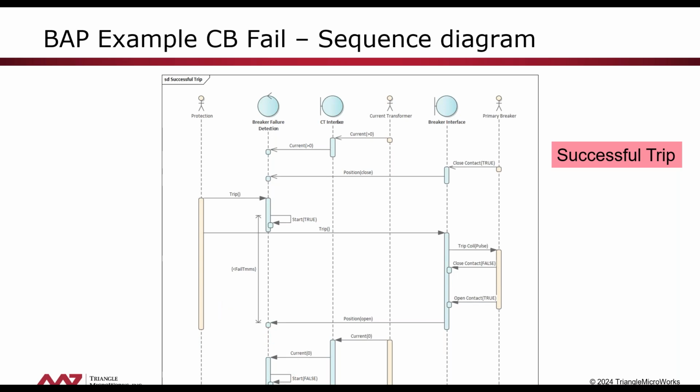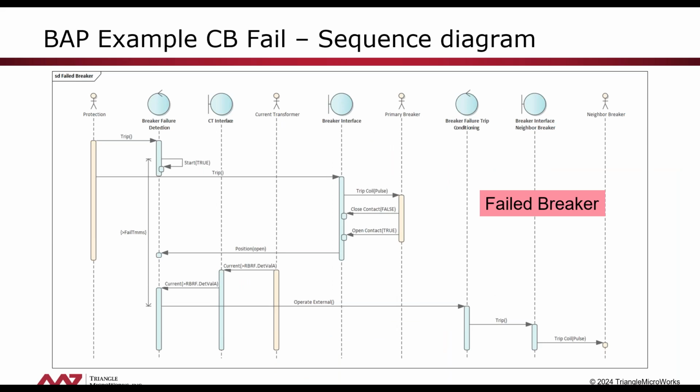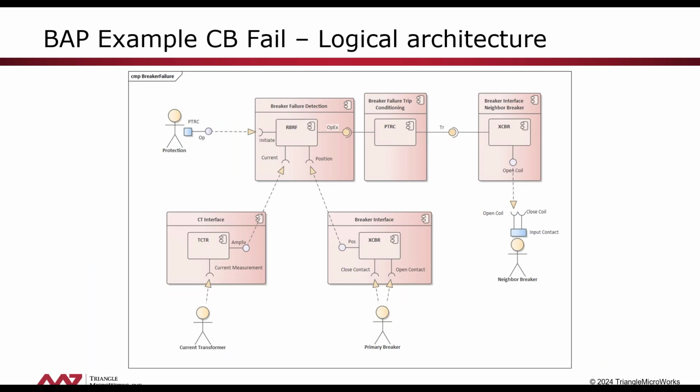In a similar way, we also described the scenario for a failed breaker. That was all described in detail with all the interactions. Based on that, we then created the logical architecture of the application, where we have again the protection as an actor, where the trip initiates the breaker fail detection function, which has a logical node RBRF.